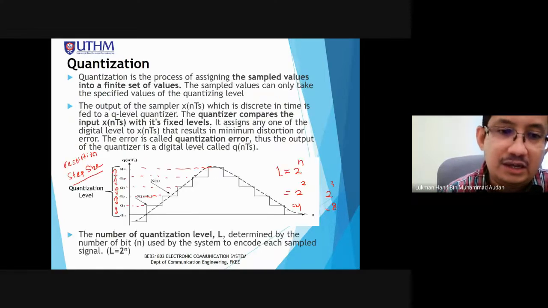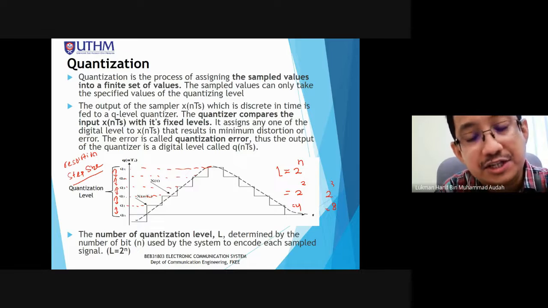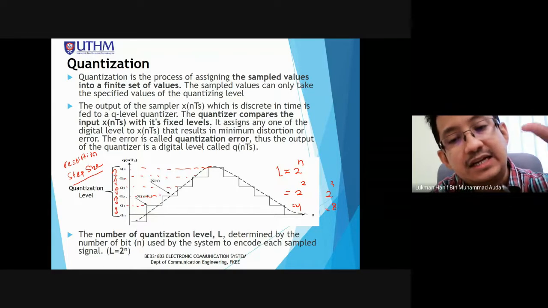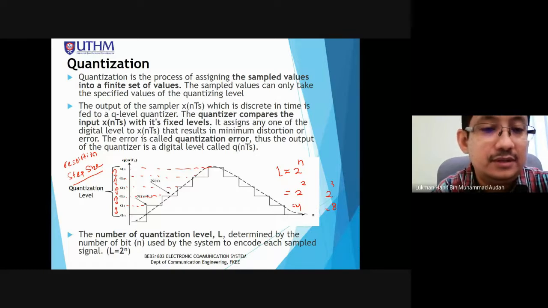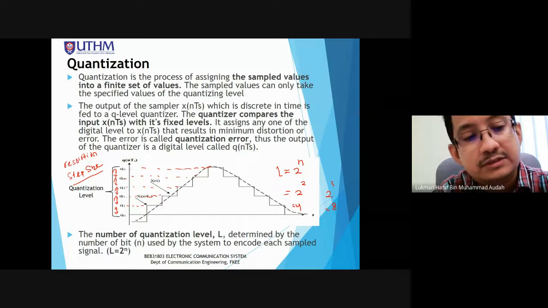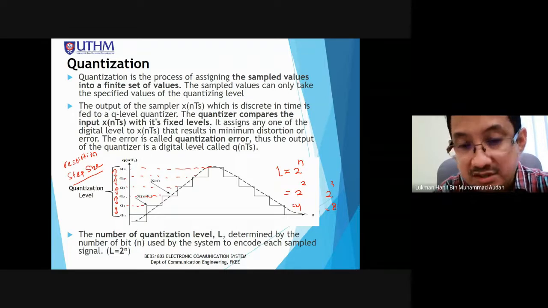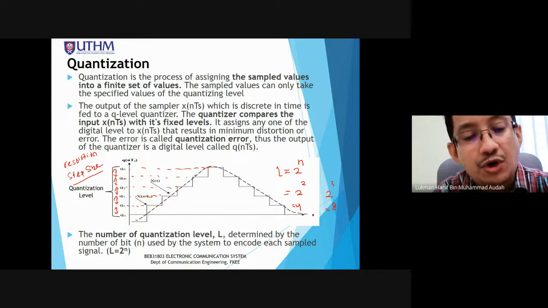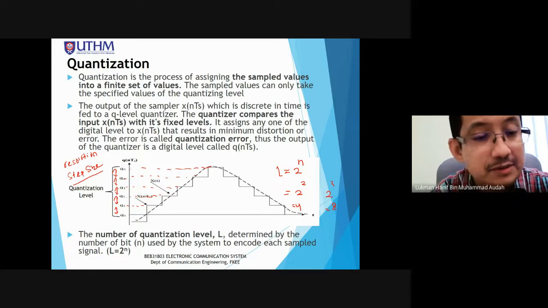Okay, dalam example ini, saya punya example tadi, saya menggunakan uniform quantization yang mana setiap step size adalah sama. Tetapi dalam practical scenario, step size ini boleh berbeza-beza. Itu dipanggil sebagai non-uniform quantization.